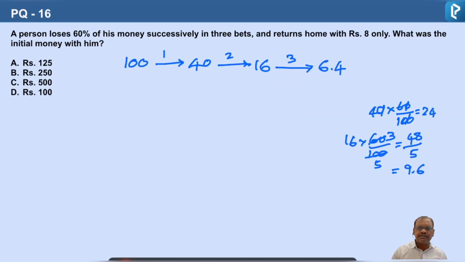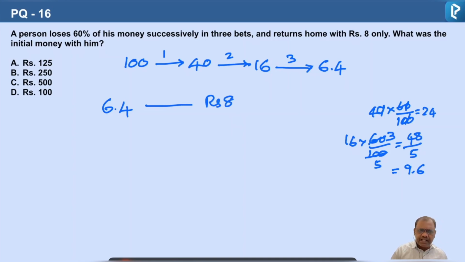So he is left with 6.4 after all the 3 bets. But according to the question, rupees 8 is the left out amount. So 6.4 is equivalent to rupees 8.